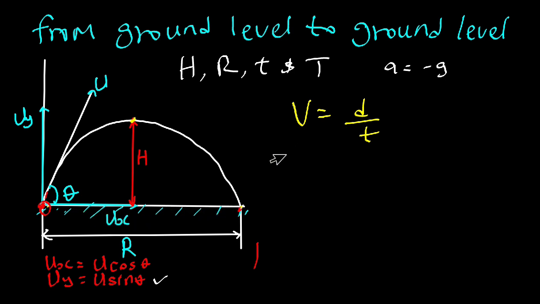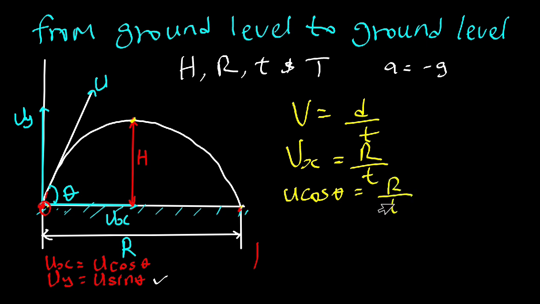Okay, so we have v_x equals d, and this d here is the range, the distance, so we replace d with r, divided by t. Alright, now we have u cosine theta equals r divided by t. So let's multiply t to both sides. This and this will cancel. We have that range equals u cos theta multiplied by t.